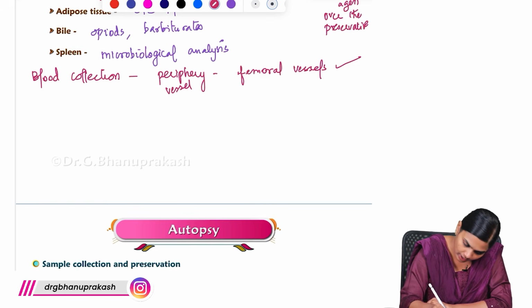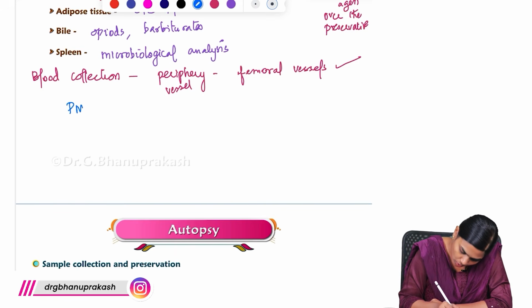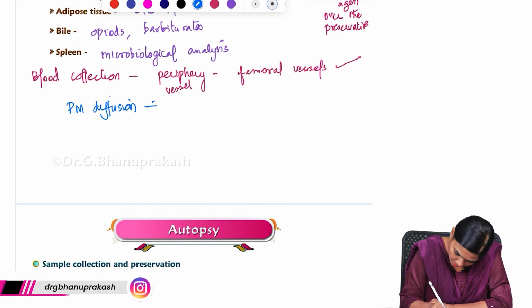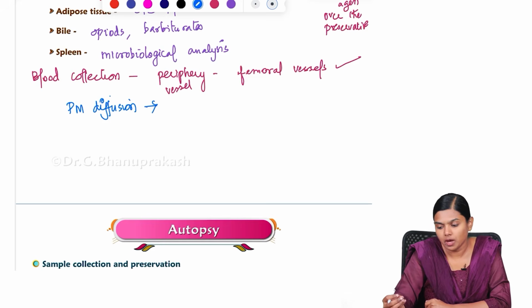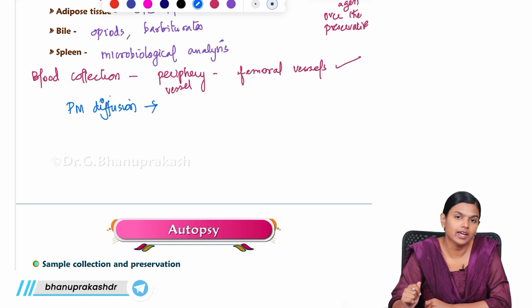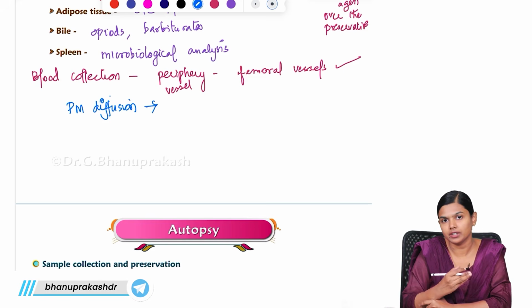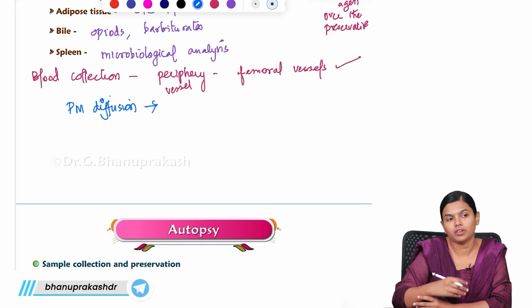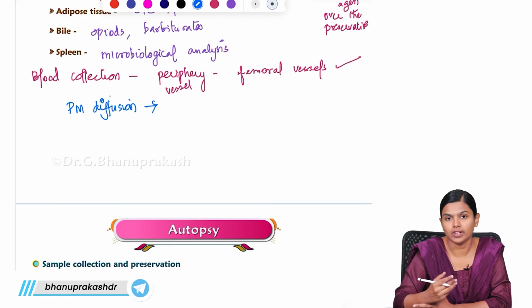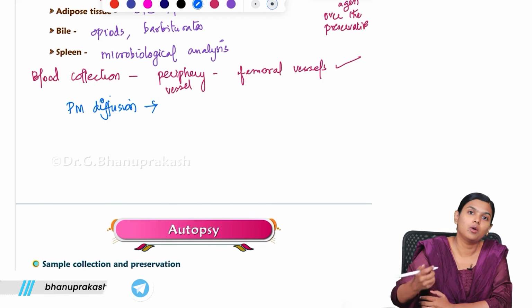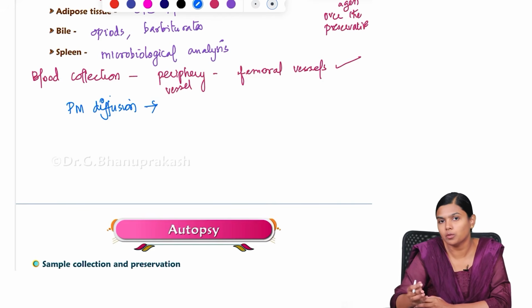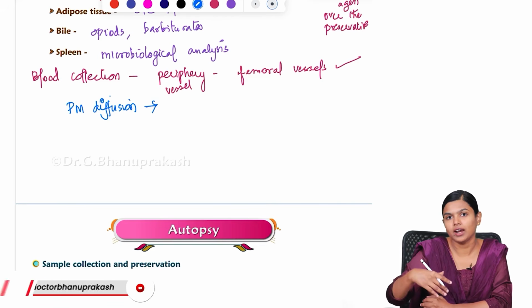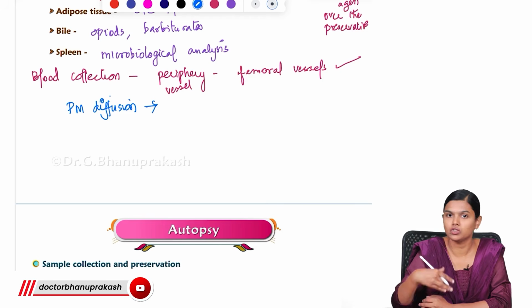And one more thing is that there is something known as post-mortem diffusion. There can be some suspicious activity. If somebody has died of some other reason, people might try to make that look like a suicide. So what they will do, they will put poison inside their mouth, okay, that will be passive diffusion, or just at the moment of dying, they will pour it and make it look like they have consumed poison.